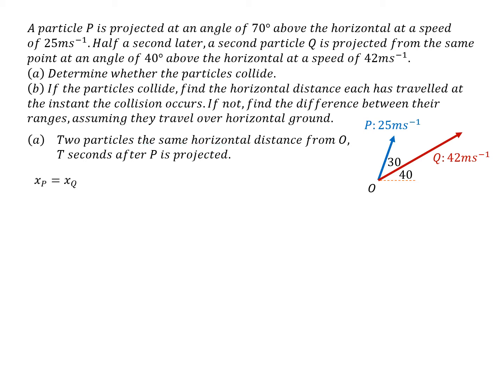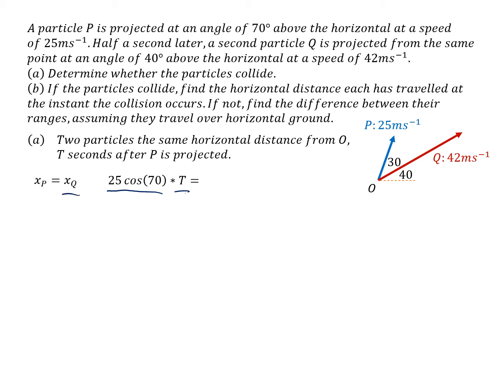So the x displacement of P horizontally equals the displacement of Q horizontally. So let's look at the horizontal movement. The horizontal displacement of particle P is its initial velocity, 25 cos 70, multiplied by the time it's in motion up until the point that they collide.